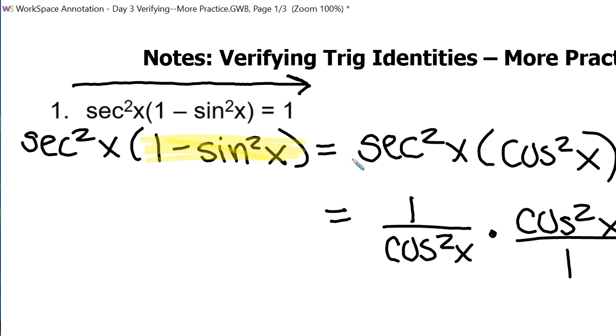And cosine squared of x in the numerator, cosine squared of x in the denominator, it equals 1, which is what we have on the right side. So we started with the left side, and we have shown it equals the right side. So how many sides did I work with? Only 1. So only pick one side to work with.